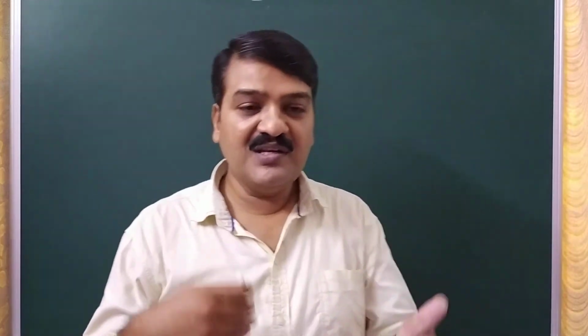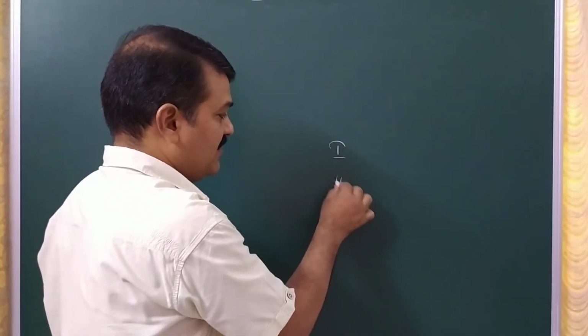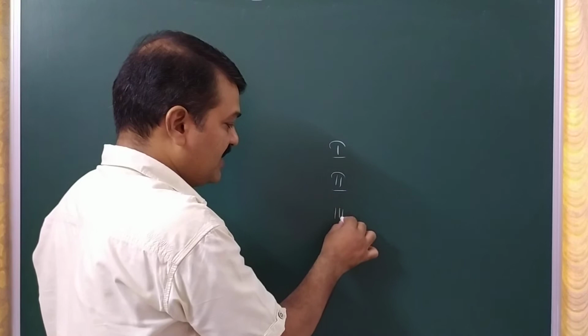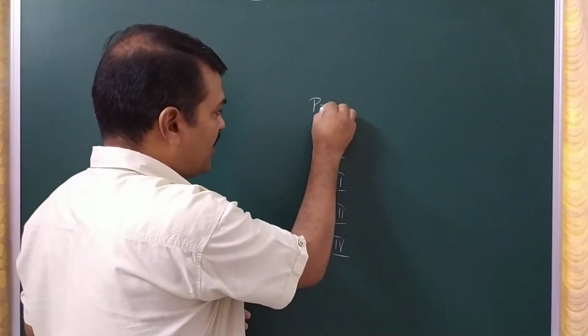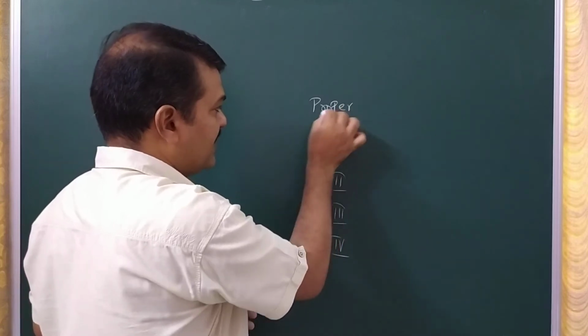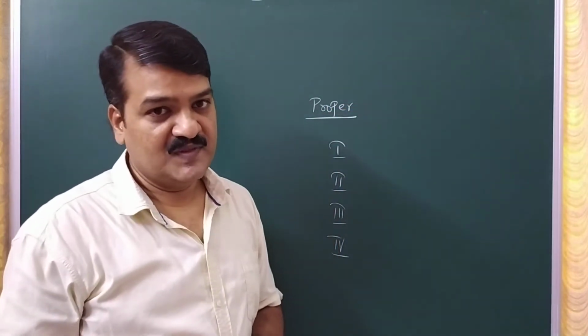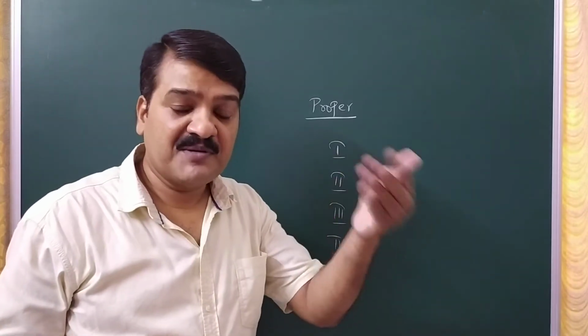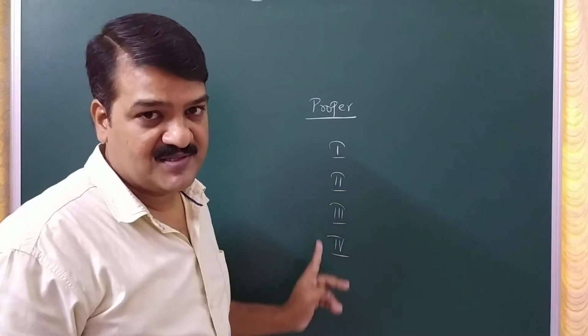When the question given to us is a proper fraction, we have four types in that. So if our question is a proper fraction, we have to see under which type it falls.